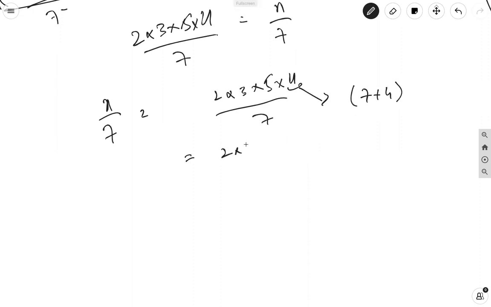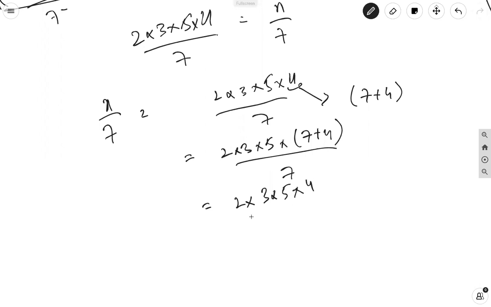So this will become 2, 3, 5 into 7 plus 4 divided by 7, right? Now we can also write it as 2, 3, 5 into 4 divided by 7, because 7 over 7 will have no remainder. So we are left with 2, 3, 5 into 4, right?